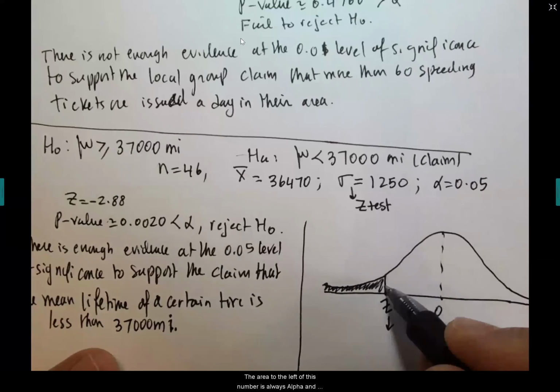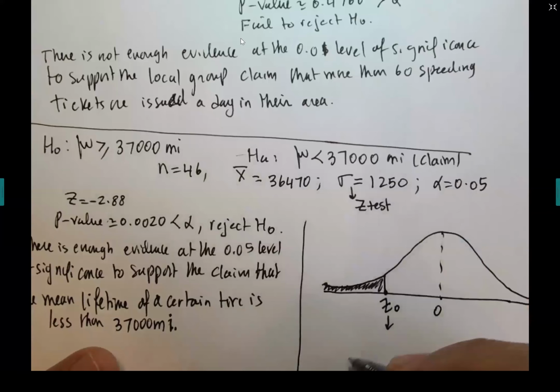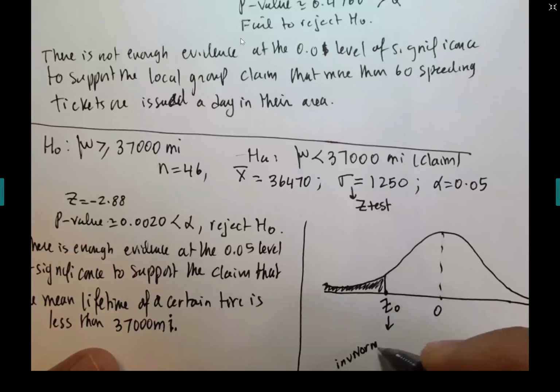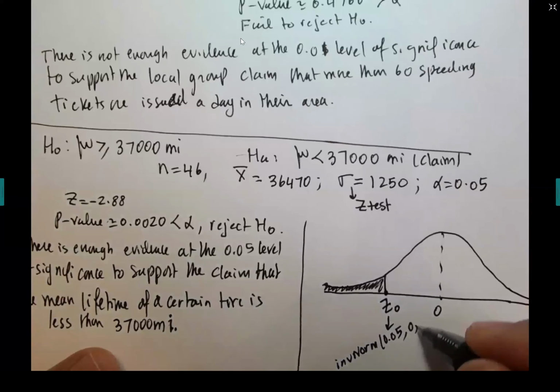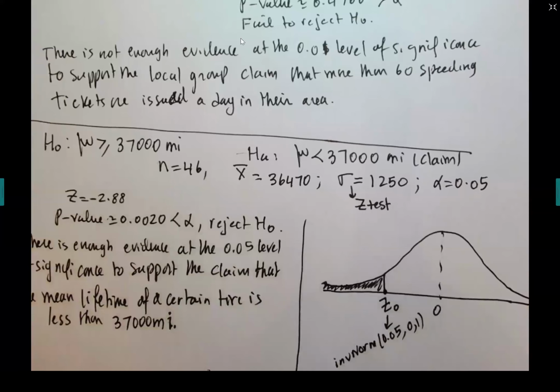The area to the left of this number is always alpha, and alpha is given to be 5%. So you just put inverse norm, 0.05, comma 0, comma 1. That takes us back to the normal probability chapter.